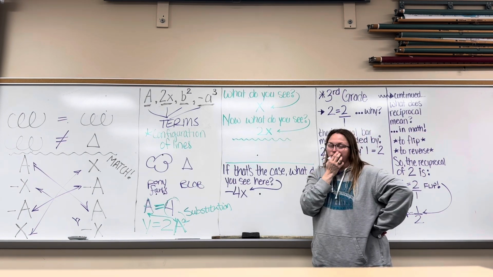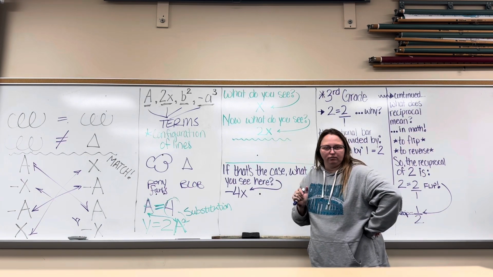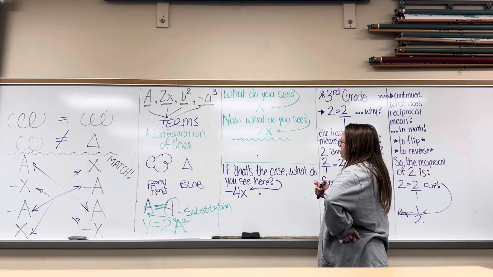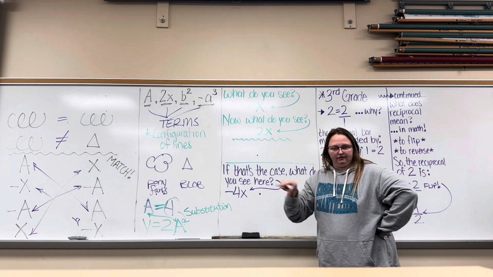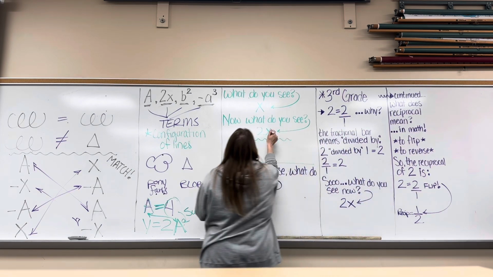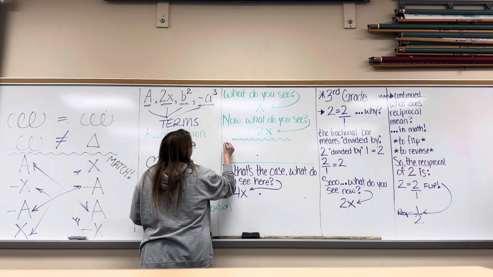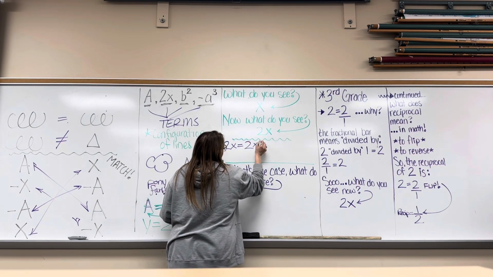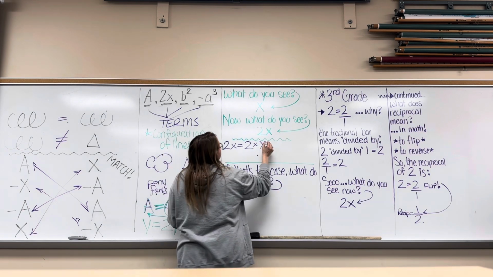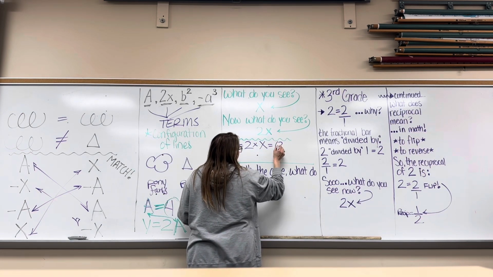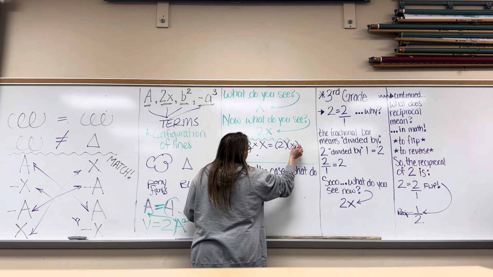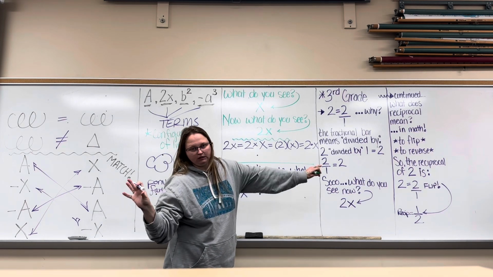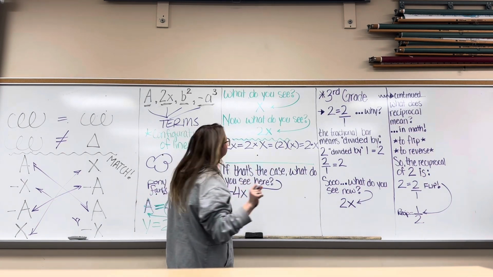Some of you who are thinking maybe a little more broadly are going to say 2 times X. And when you're thinking about that in that direction, you're on the right track. So 2x equals 2 times x, okay, equals 2 times x equals 2 times x. However you learned your nomenclature through school, it's all the same thing, okay?